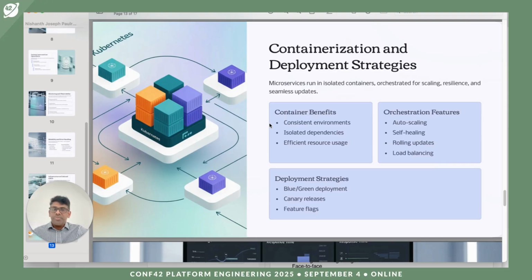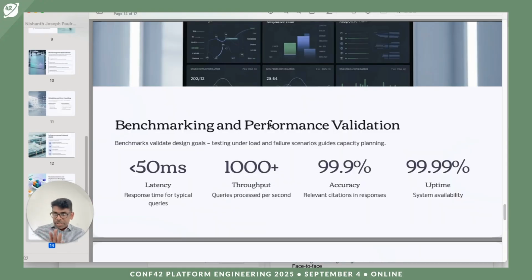Orchestration features: auto-scaling, self-healing, rolling updates, load balancing. When it comes to deployment strategies, we can adopt blue-green deployment, canary releases, feature flags, etc.